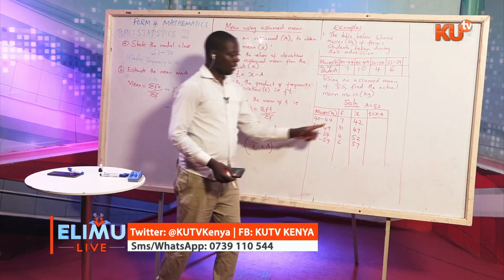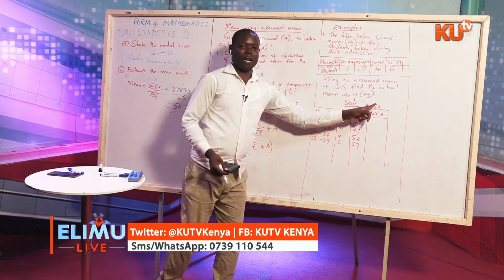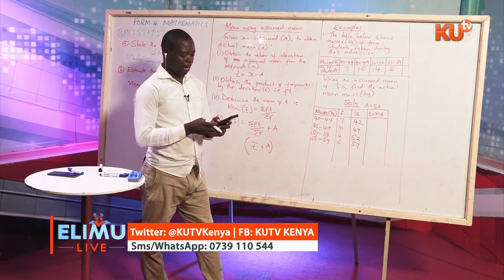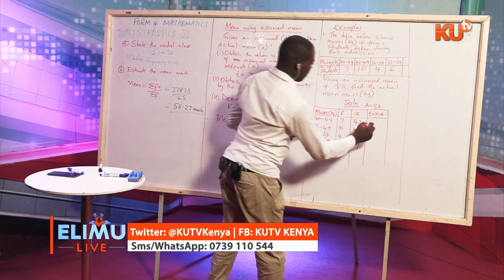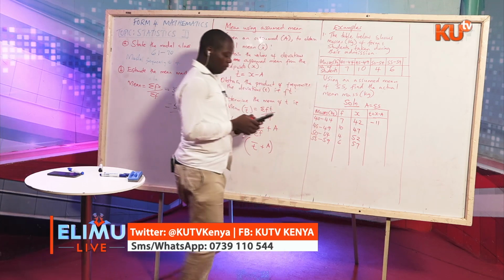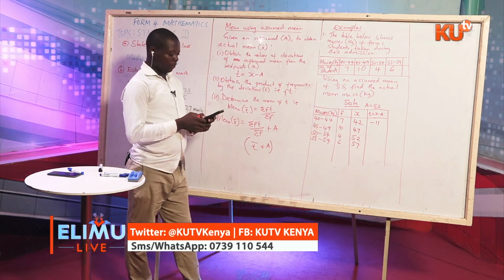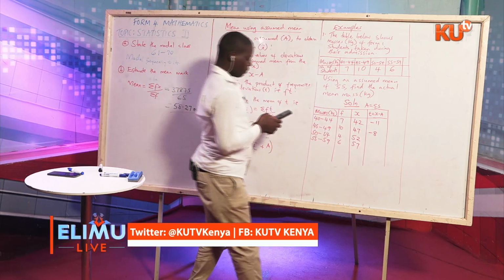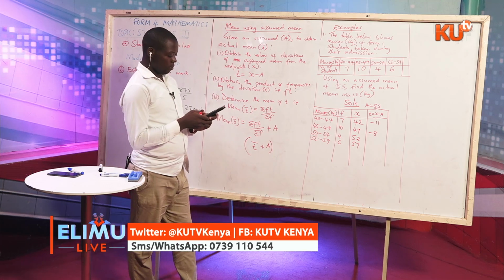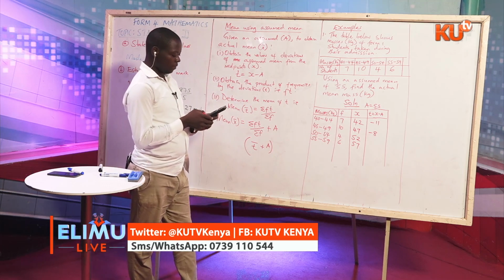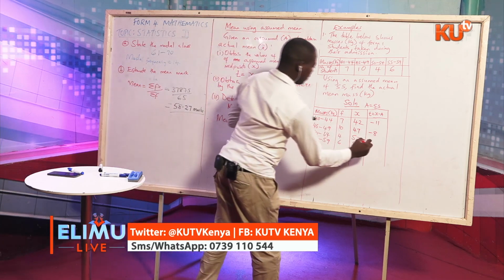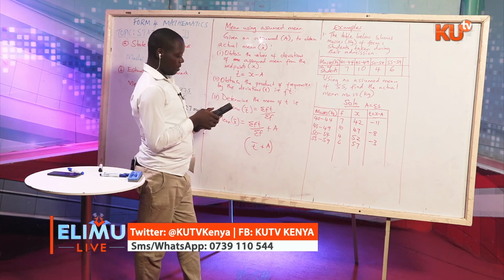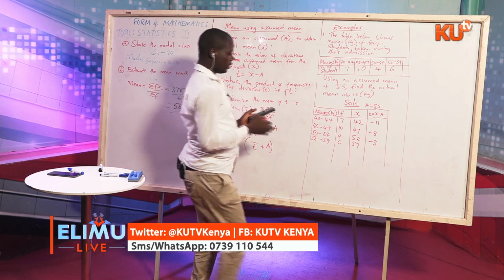So it means 42 minus 55, which is negative 13. 47 minus 55 is negative 8. 52 minus 55, it's negative 3. And 57 minus 55, that is 2.